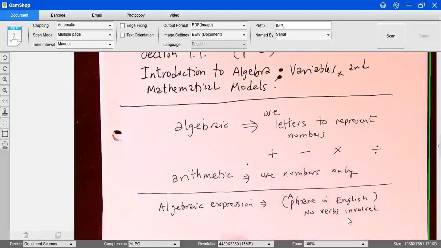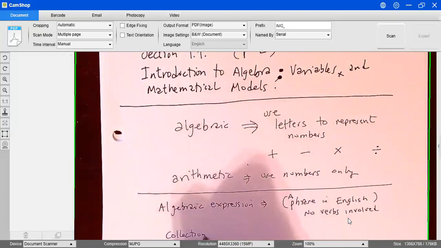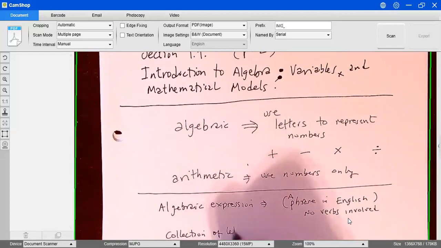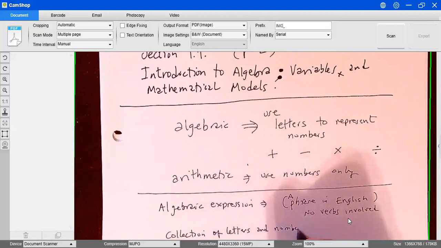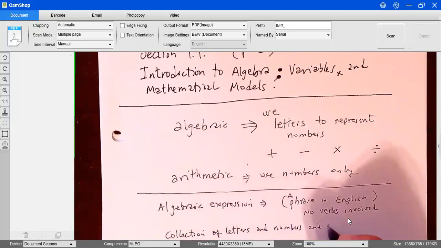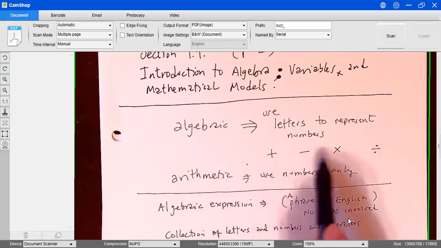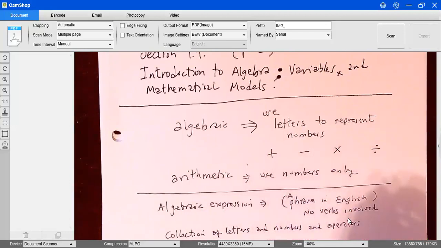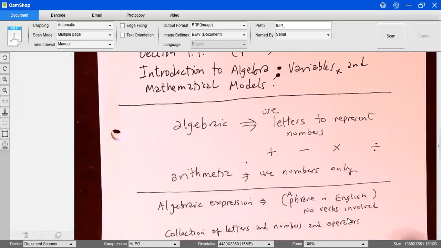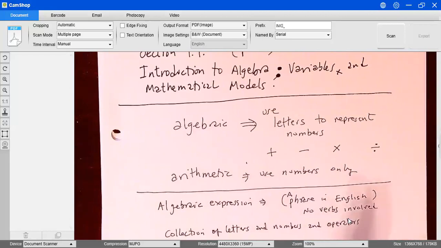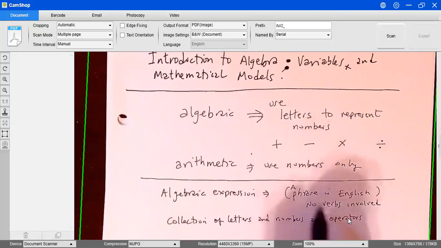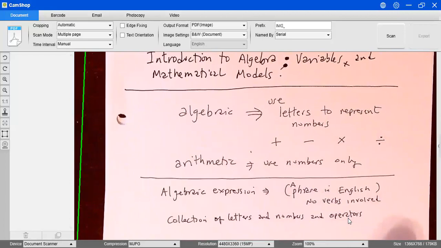So an algebraic expression is just a collection of letters and numbers and operators. These are our operators. And that's it. It's just a collection of letters and numbers and operators, but it's incomplete. It's like a phrase. So there is not a complete meaning yet.